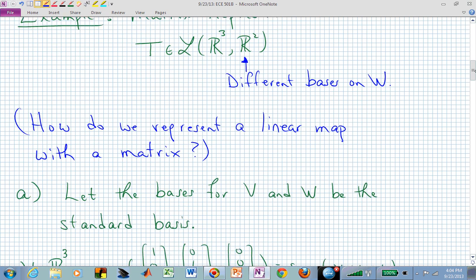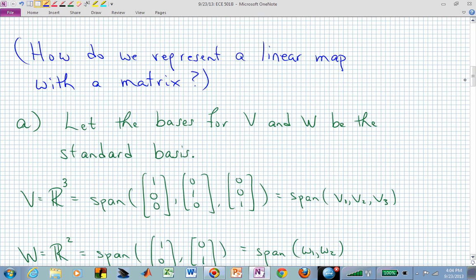And hopefully you're anticipating that indeed that will result in a matrix that looks a little bit different. And it's answering this general question: how do we represent a linear map with a matrix? That's really the question that we're addressing or looking at in this particular case.